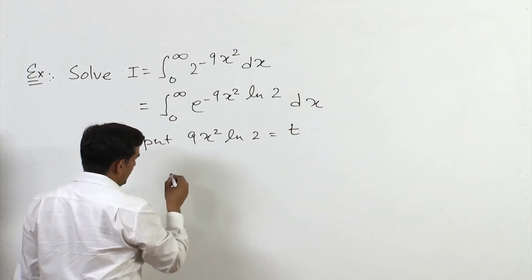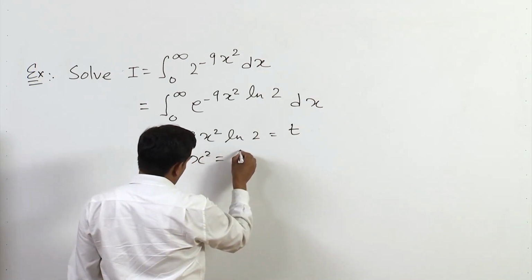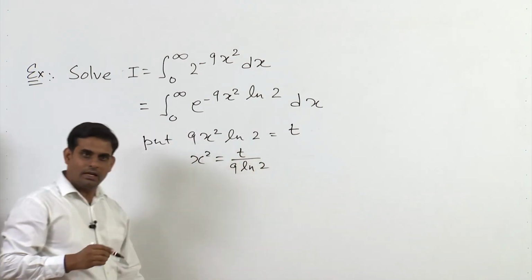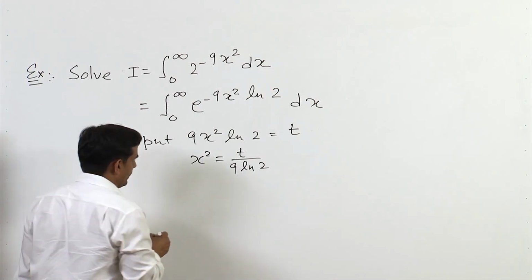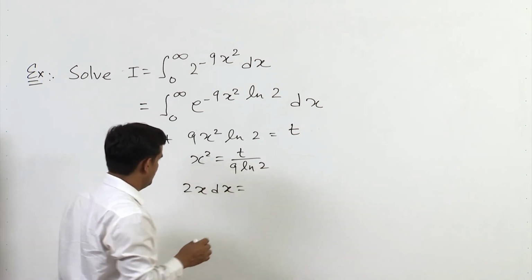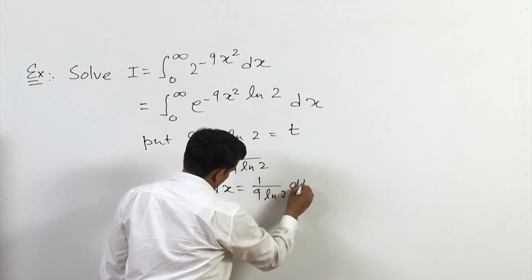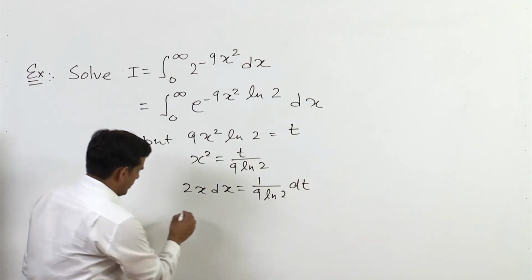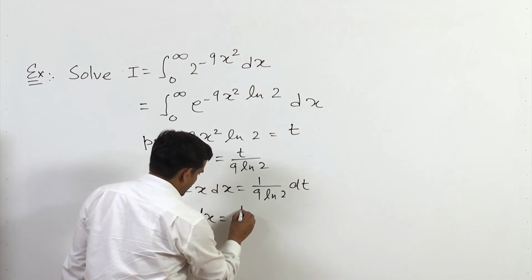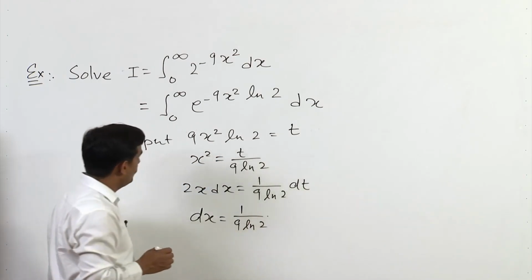So, what I will be having, x square will be t upon 9 ln 2 and 2x dx will become 1 upon 9 ln 2 dt, or simply dx will be 1 upon 9 ln 2 into 1 upon 2x.